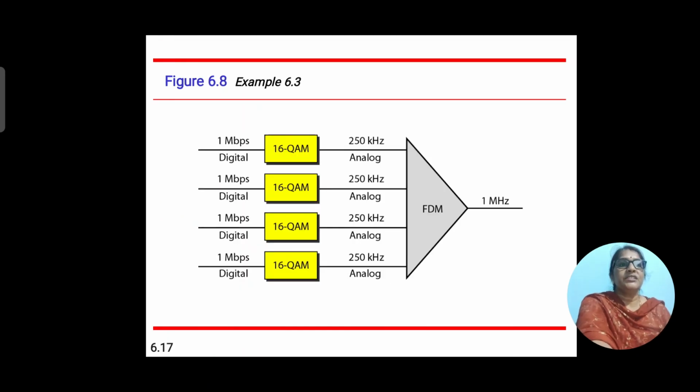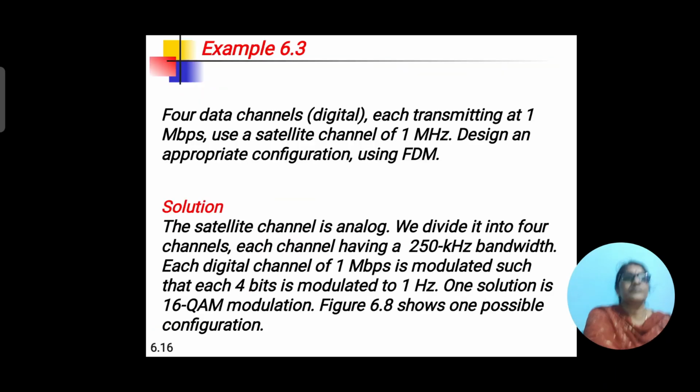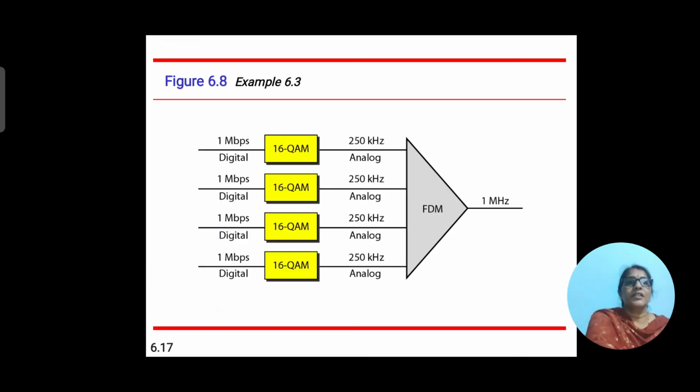As shown in this figure, we have 4 digital data channels at 1 megabit per second using the satellite channel of 1 megahertz.